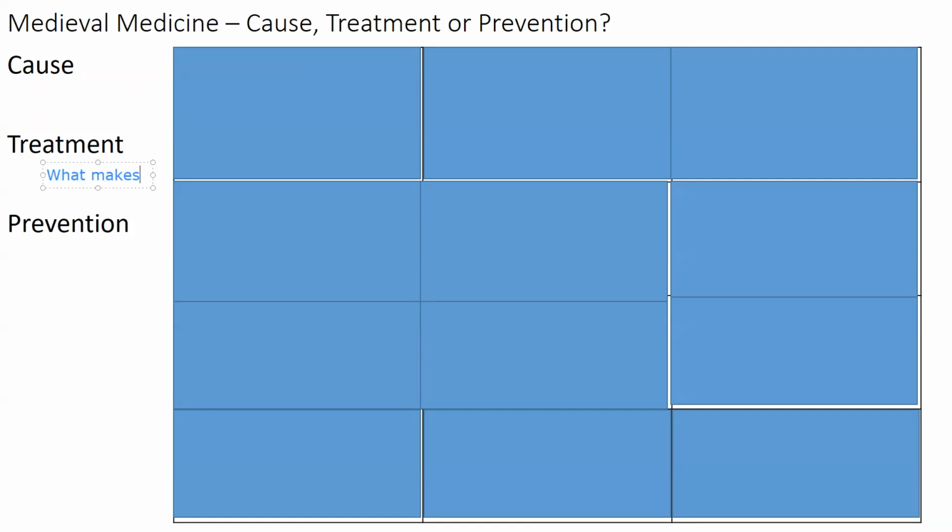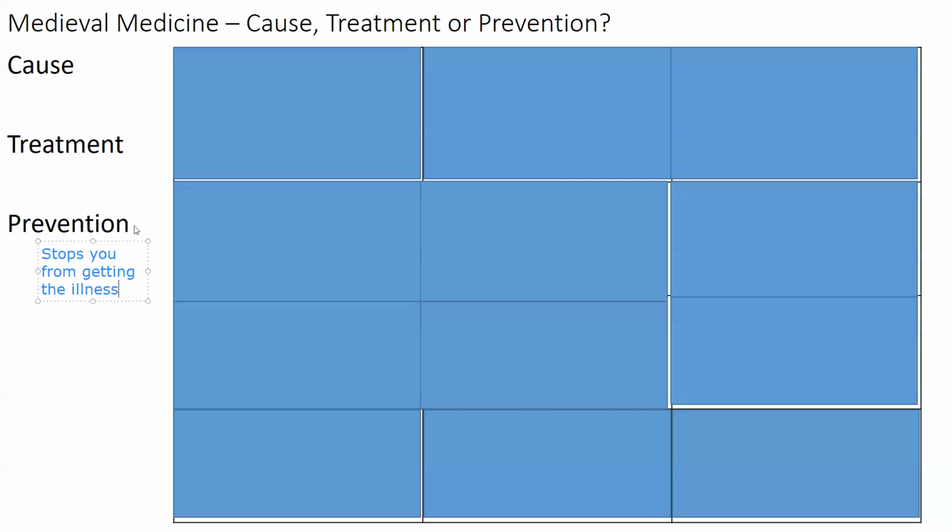Treatment is what makes you better. And again, that changed massively over time as science and technology developed. And prevention is what stops you from getting the illness. And again, that's changed massively in history based on people's understanding.